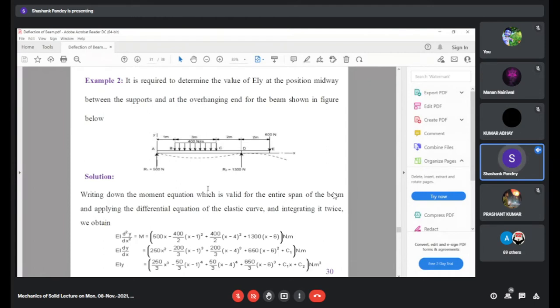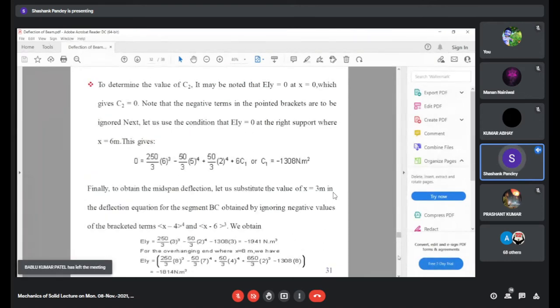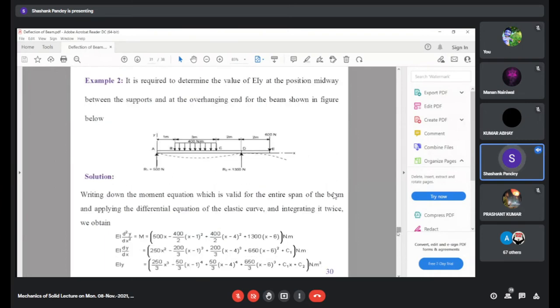If we substitute this and use the corresponding terms, on solving we get C1 equal to minus 1308 Newton meter square. So these are the values of C1 and C2. We will substitute these values, and we can see here the mid span of the overhanging beam.